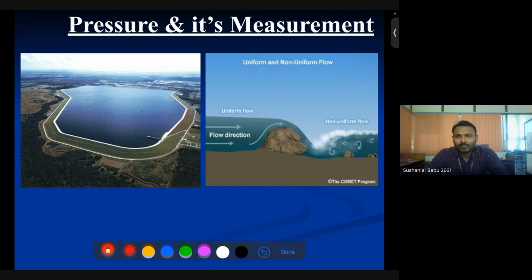Everything is flowing, but if with respect to time there is no change in the velocity at that particular point, then that is steady flow. But if with respect to space the velocity is changing, then that is a non-uniform flow. That is an example of steady non-uniform flow. At two points, with respect to time there is no change, but with respect to length the velocity is different. Like that, different combinations we can generate.